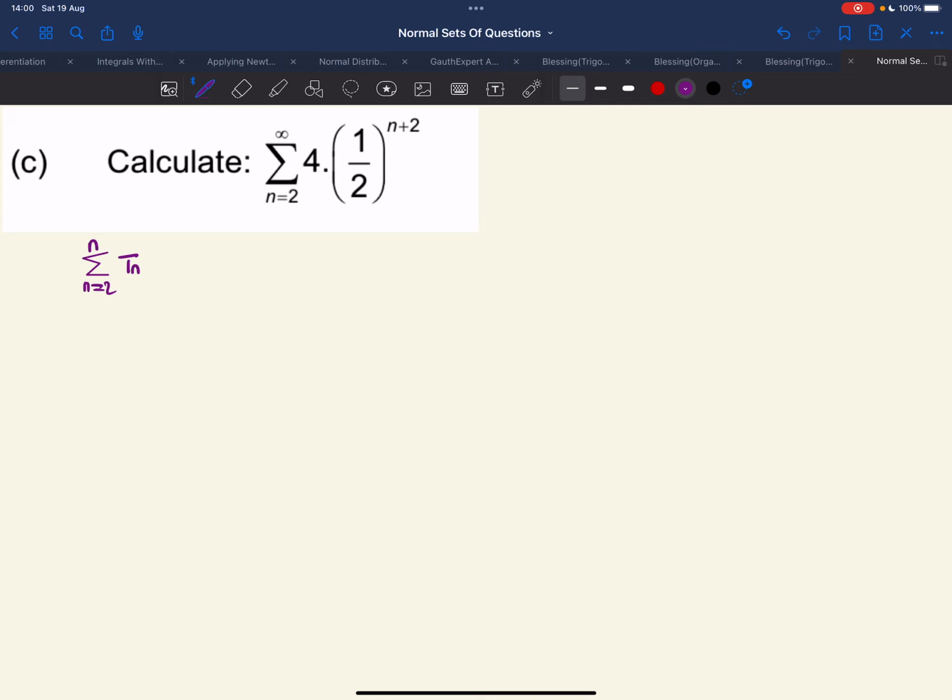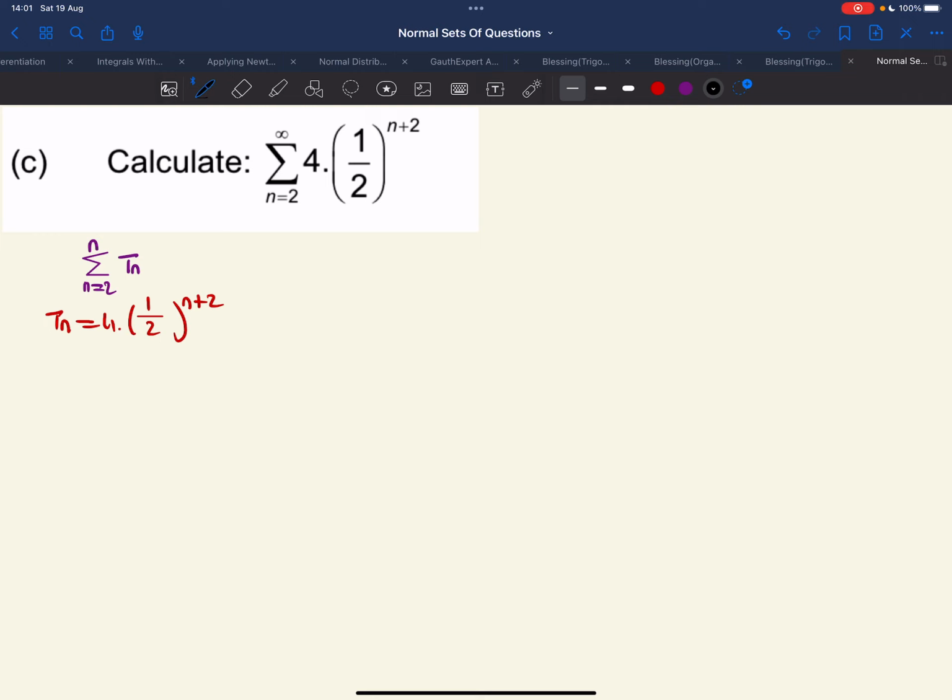So in this given summation, our tn is going to be 4 times 1 over 2 to the power n plus 1. That will be the general term of the given summation, right? So let's try to write down the summation in a typical series manner.